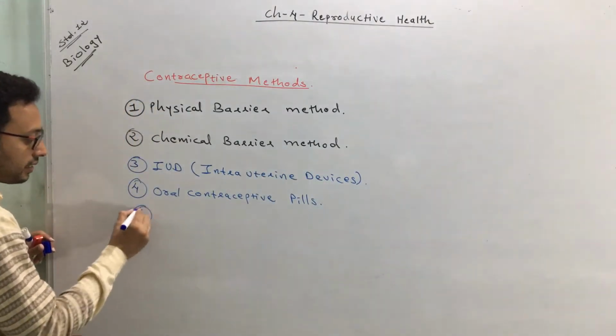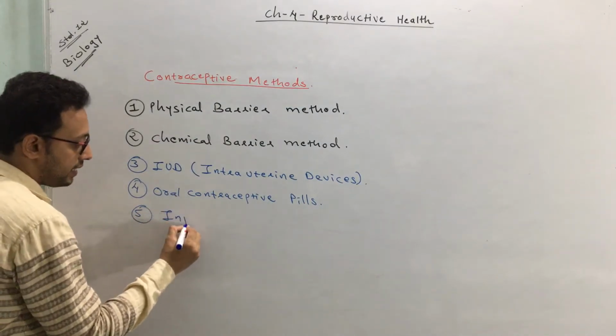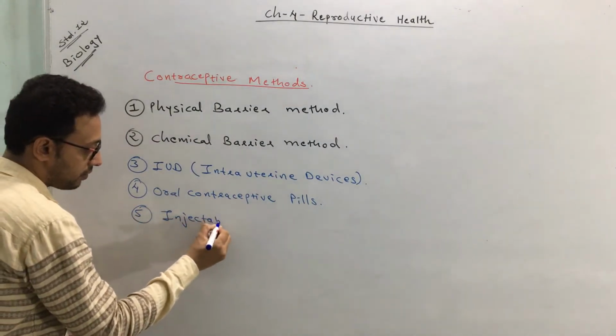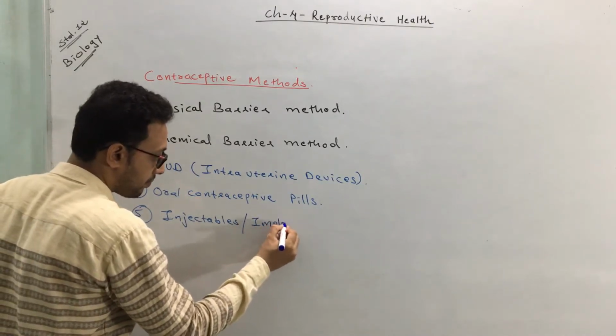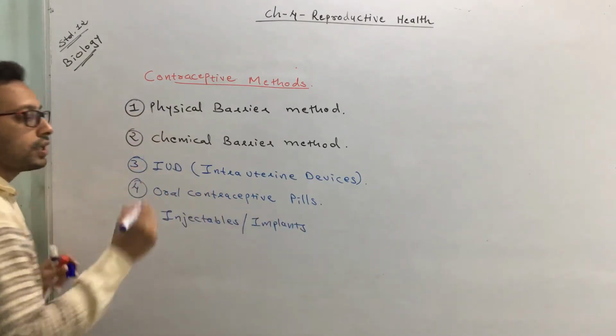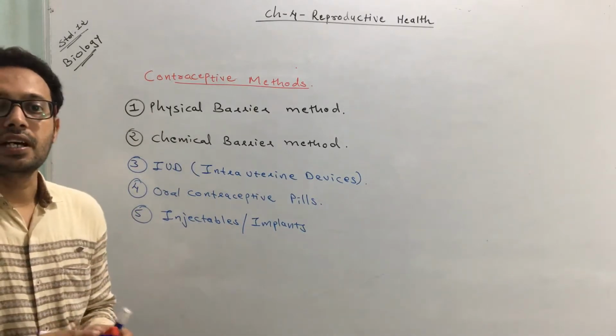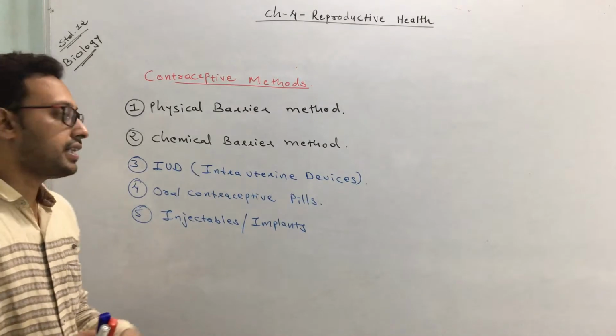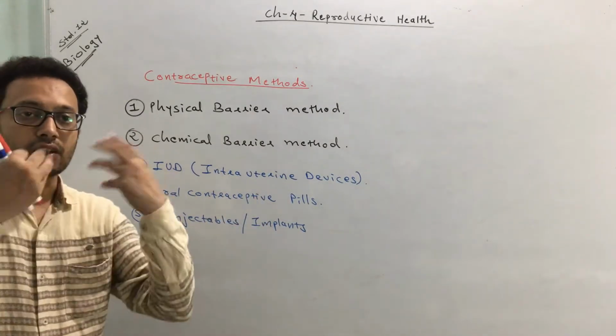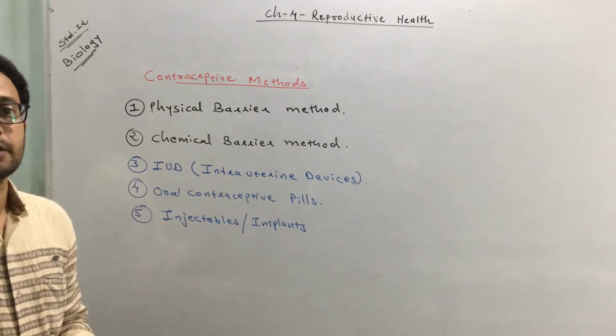The fifth method is called injectables or implants. In the oral contraceptive method, we are giving a tablet in the form of pills that is taken orally that prevents conception.